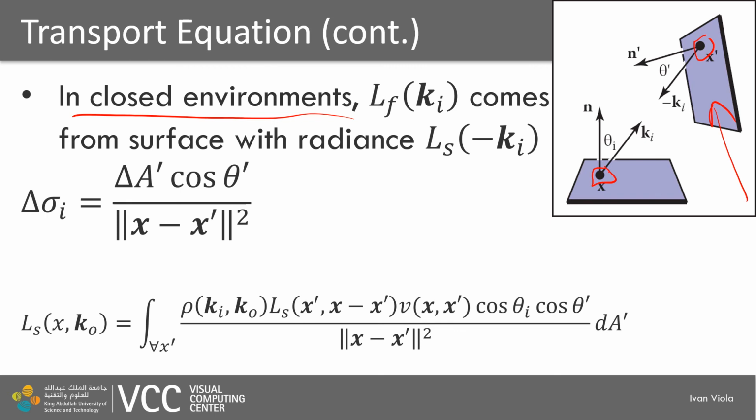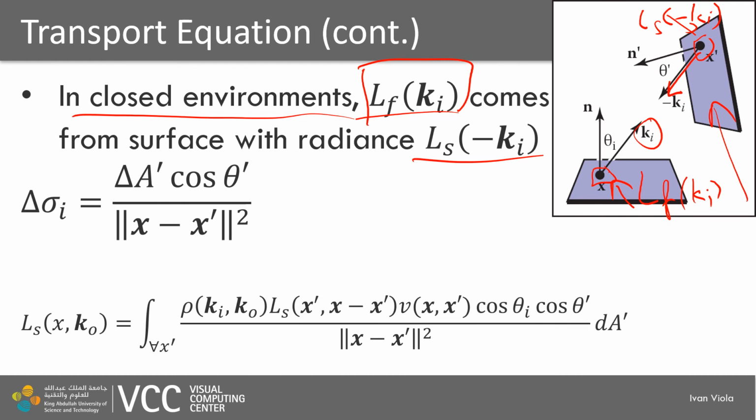We can see that the incoming direction of light energy is actually coming from x prime, which means that our field radiance for the point x, L_f in direction k_i, is actually the surface radiance of the other surface point. So this is the L_s, outgoing radiance in the direction minus k_i.